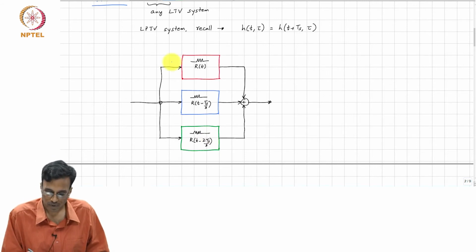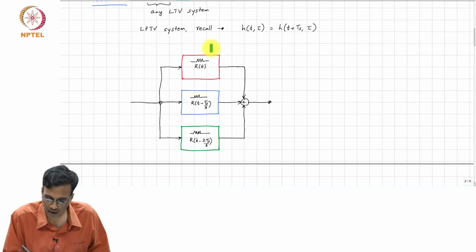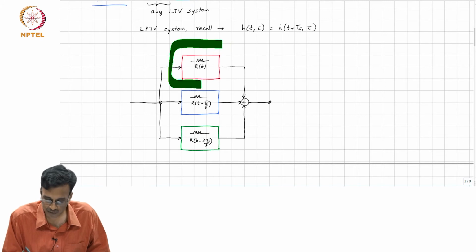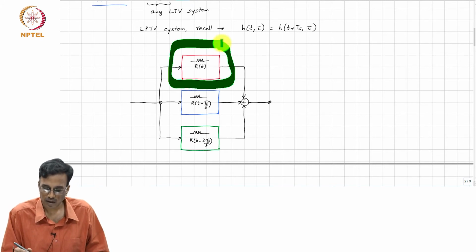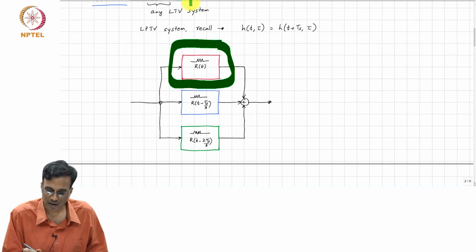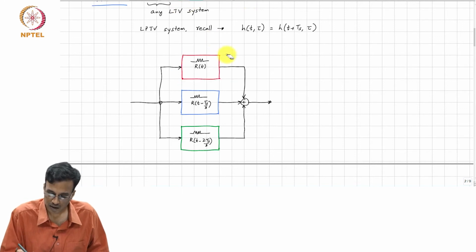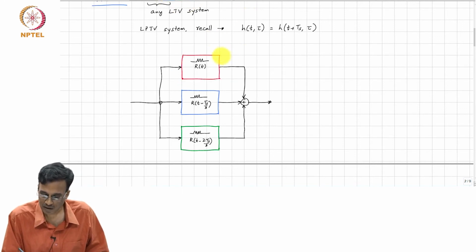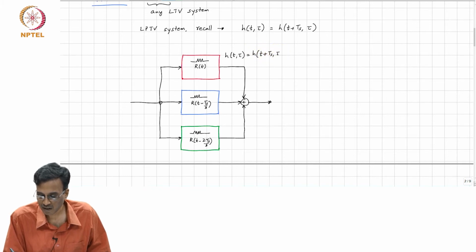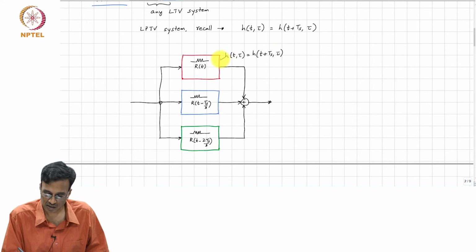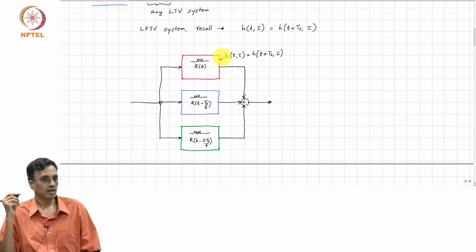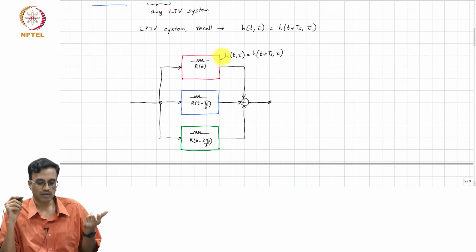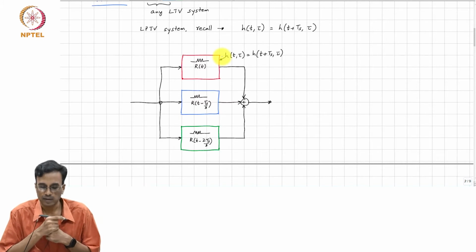So, if we looked at any one of these systems in isolation, the impulse response will be periodic with time Ts, because this system is periodic at Ts, it is LPTV with Fs, right.